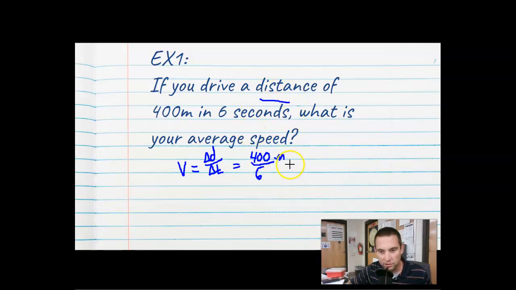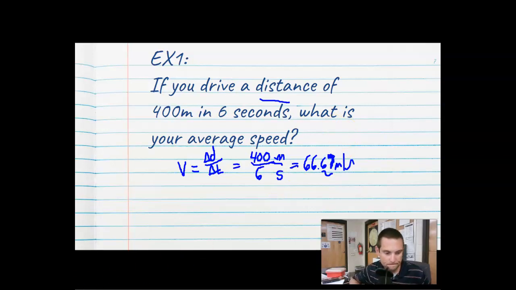We can abbreviate meters as lowercase m and seconds as lowercase s. So 400 divided by 6 gives us 66.67 meters per second. It keeps going on and on and on, but 2 decimal points is how much we're going to rely on for each answer.